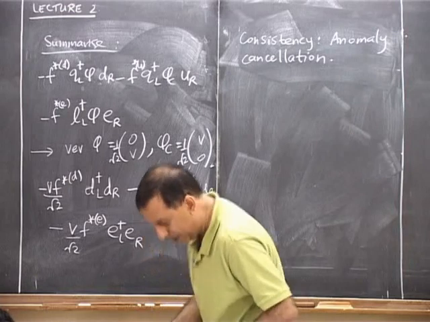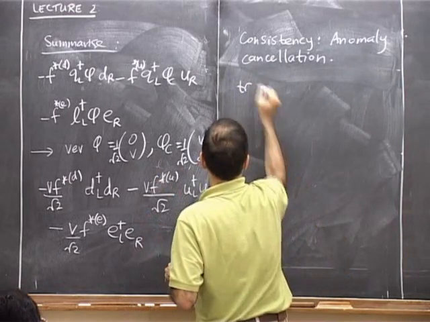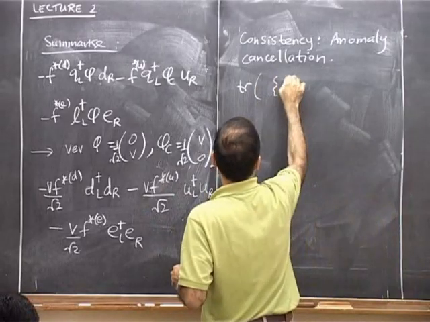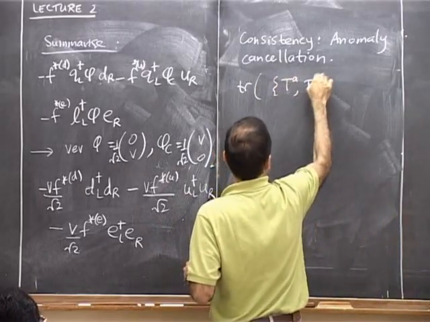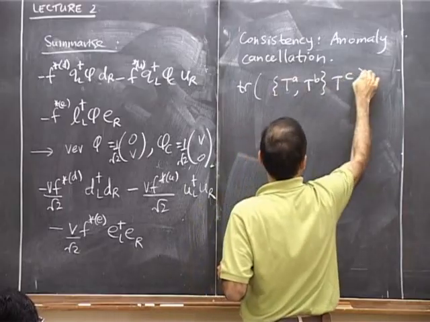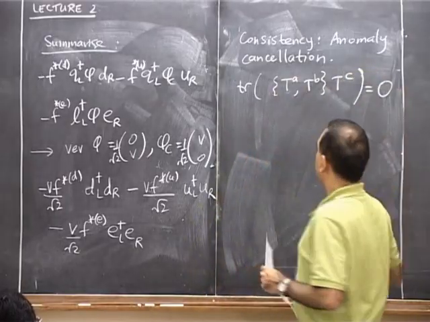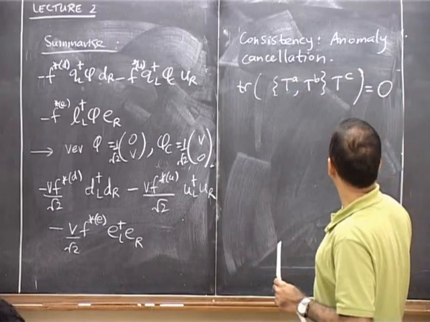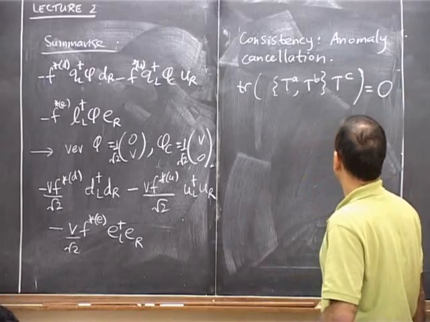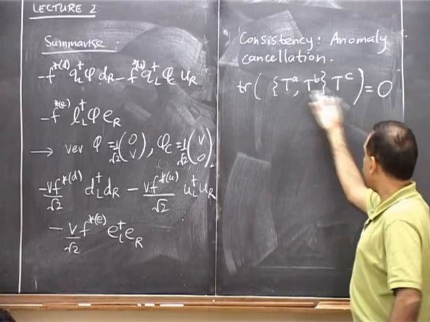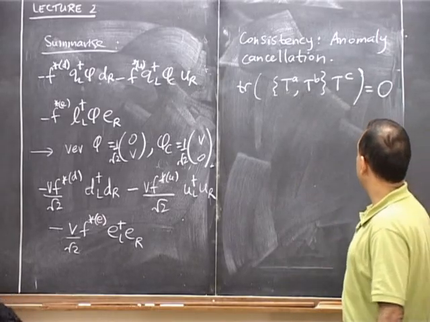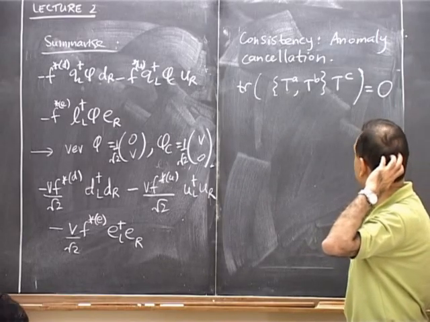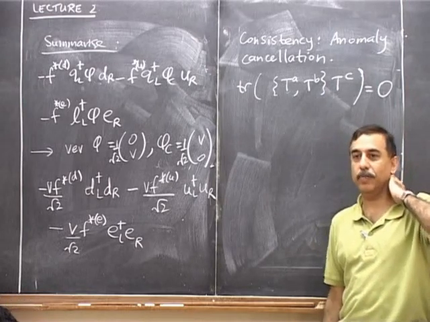And the basic constraint for anomaly cancellation is that the trace, properly defined over the spectrum of particles, of the generators Ta, Tb times Tc has to be 0. This conceals more than it reveals, of course, because the trace can come out non-zero only if there is a chiral spectrum of particles.